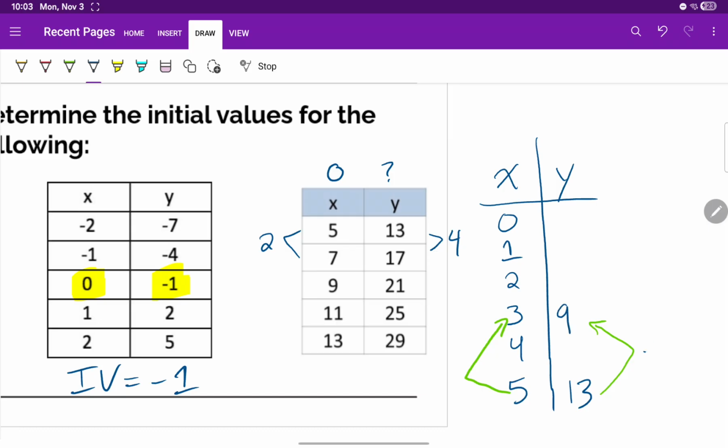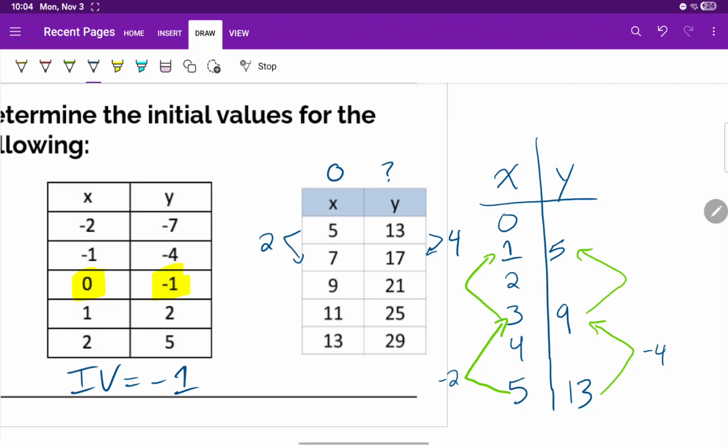Since we're going the other way, we're going down 4, down 2, instead of +4, +2. Okay? If we were to continue this pattern, this one would be from 9 to there, going down 2, we would be going down on the right, which would bring us to 5 over here.